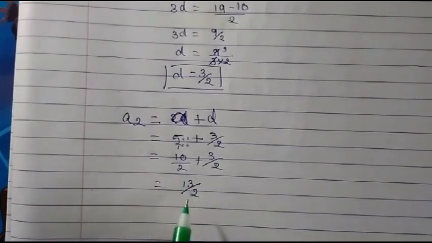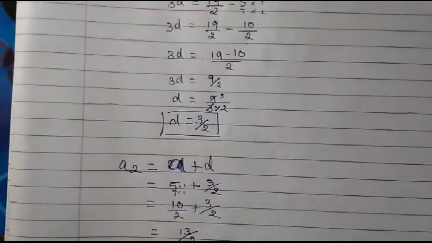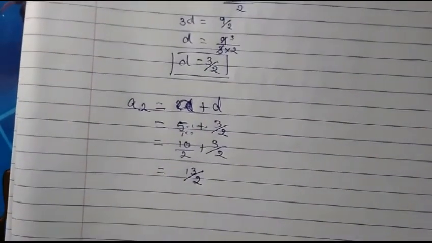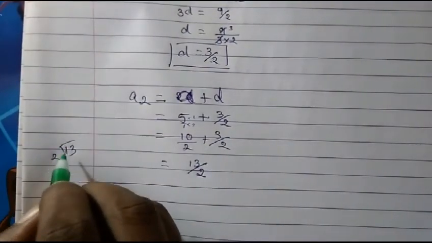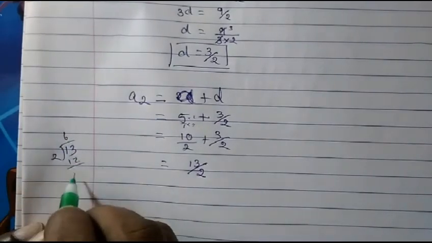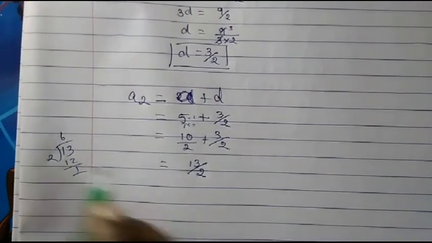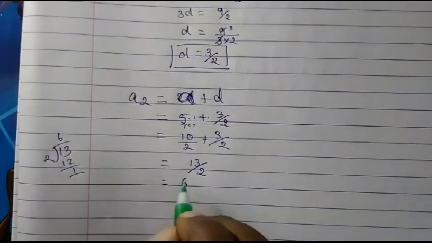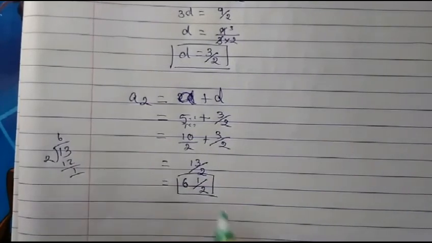Now this is an improper fraction, so we have to write it as a mixed fraction, because here we have mixed fractions. How do we write mixed fractions? You divide 13 by 2. 6 twos are 12, then you have 1 left. How do you write this here? You write the quotient, then the remainder comes in the numerator and the divisor comes here. That's how you write it down.